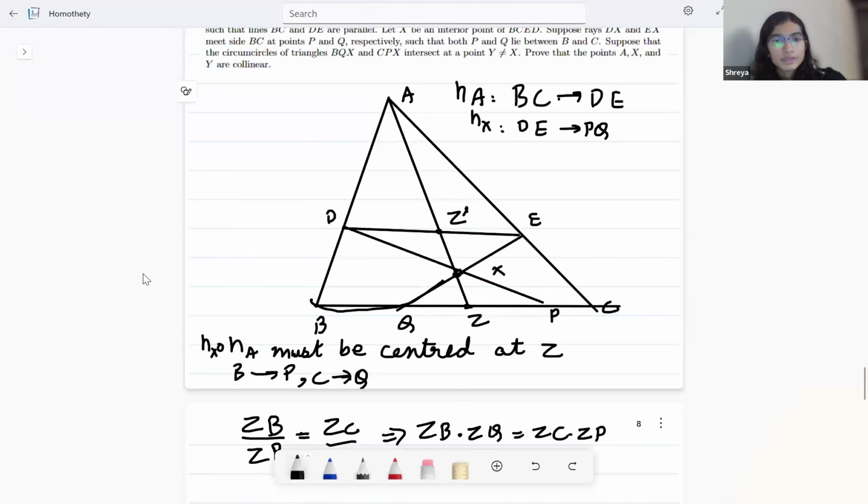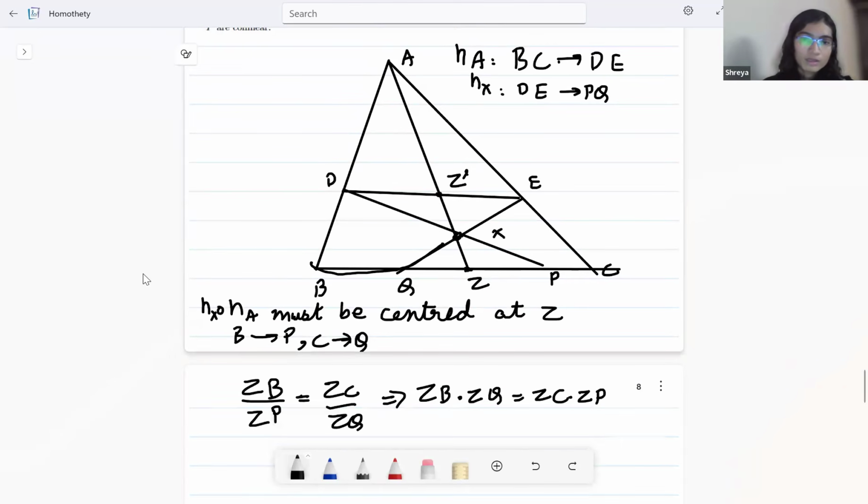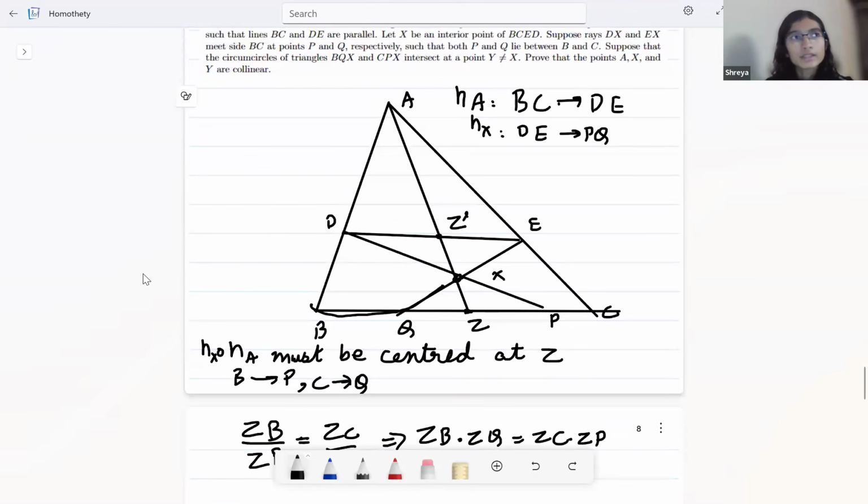So what we do is we compose these two homotheties, and then B goes to P, C goes to Q. B goes to D, and then from D to P, because you take the homothety at X, and then C will go to Q. And the center of this homothety, this is Z prime.